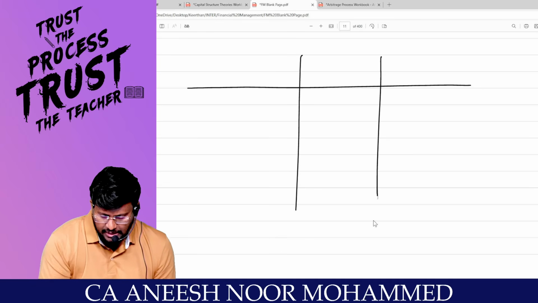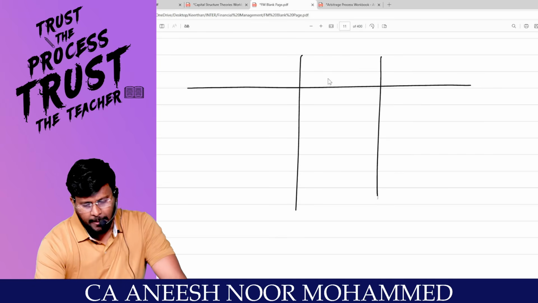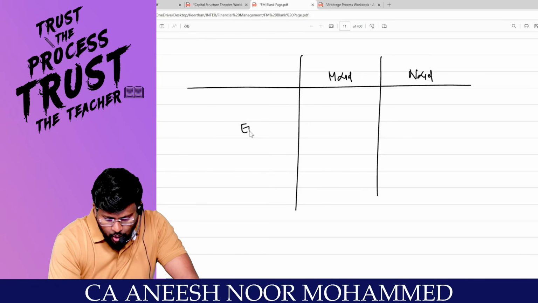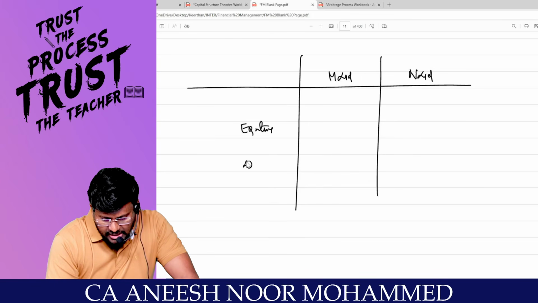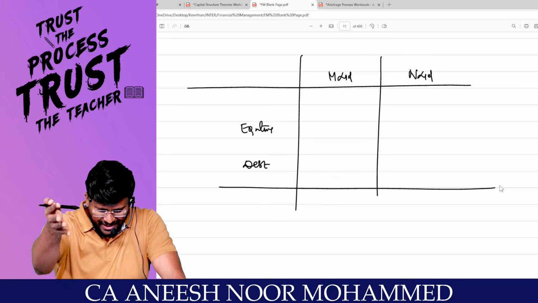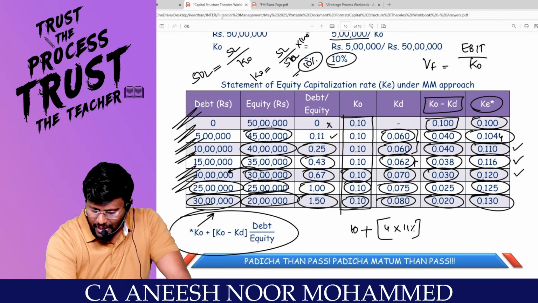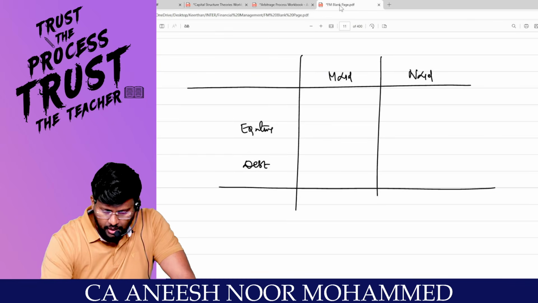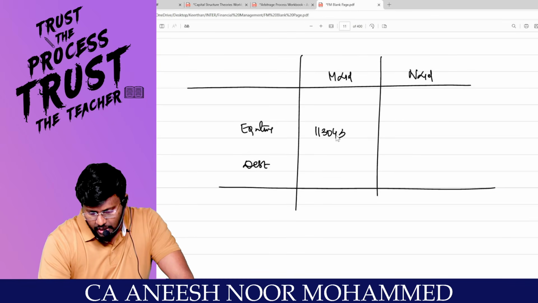I am going to picturize that in my table. Two firms are there, M Limited and N Limited. M Limited is having debt and N Limited is all equity. For the levered firm, what is the value of equity? 1,13,043. Are you all with me? What is the value of debt? 1 lakh.